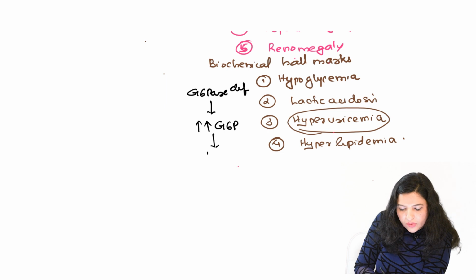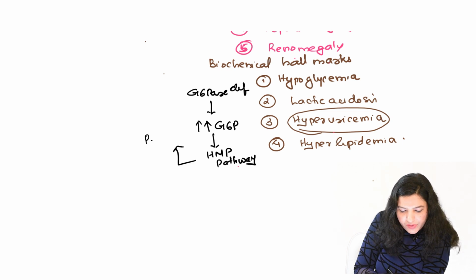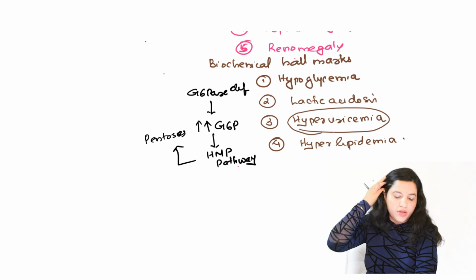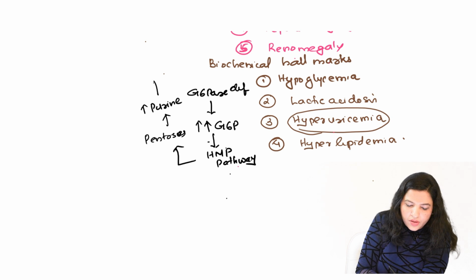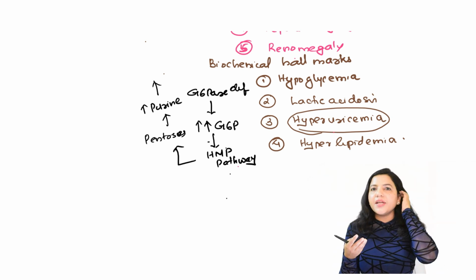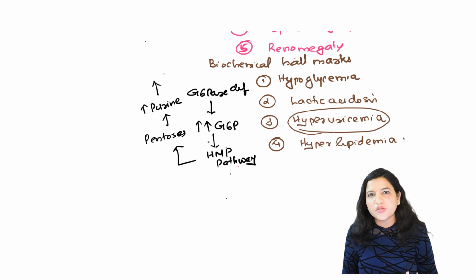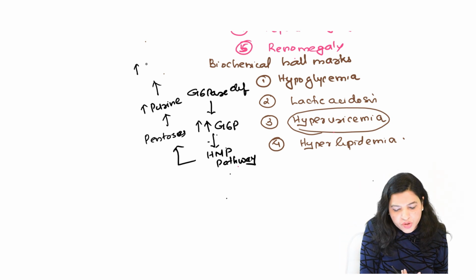This glucose 6-phosphate can enter into the HMP pathway. From the HMP pathway we know that it is a source of pentoses in our body. So these pentoses will increase the synthesis of purine. If there is increased purine, naturally the purine degradation products will also increase, which leads to increased uric acid.